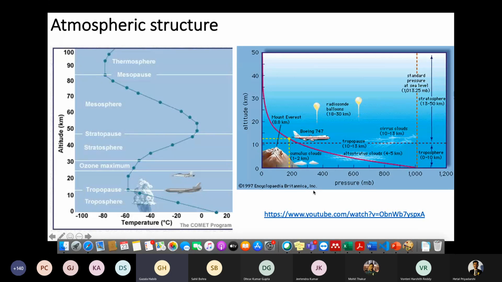That is why the temperature increases with height, because it is maintaining the temperature within the stratosphere because of the UV radiation absorption.